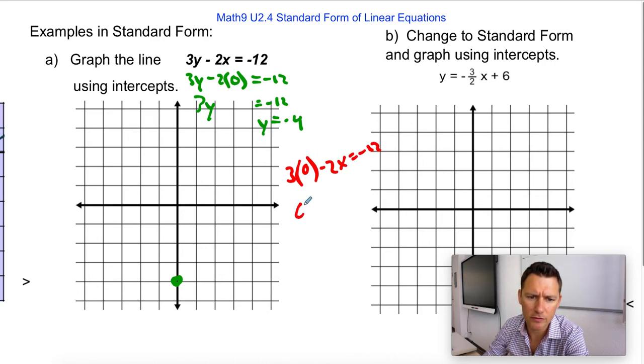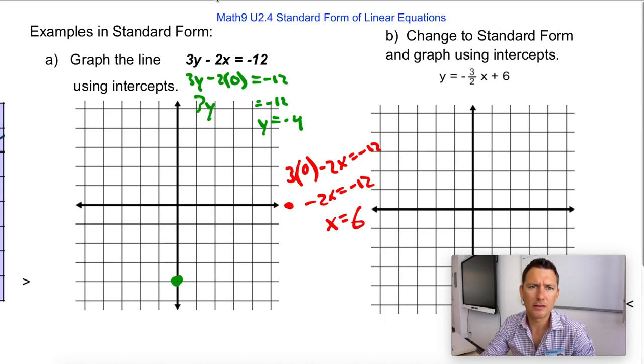Well, 3 times 0 is 0, and 0 minus 2x is negative 2x equals negative 12. Divide by negative 2, x is 6. And so this should go through the x at 1, 2, 3, 4, 5, 6, if I did that right. And then there's your line, and it's graphed, and it's done. That's the whole game.